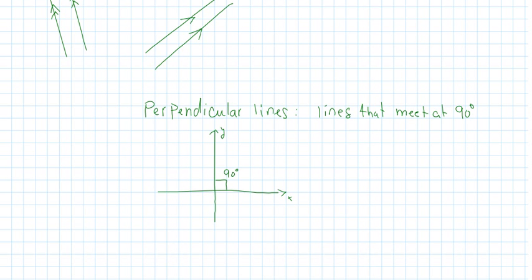If I have a line that goes like this, I can draw a perpendicular line to it as long as they have a 90 degree angle. Again, I don't usually write 90, I just indicate it with a square angle.